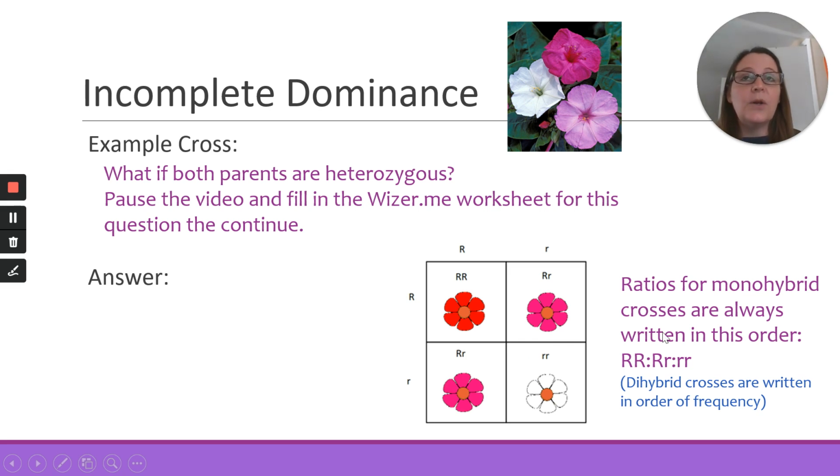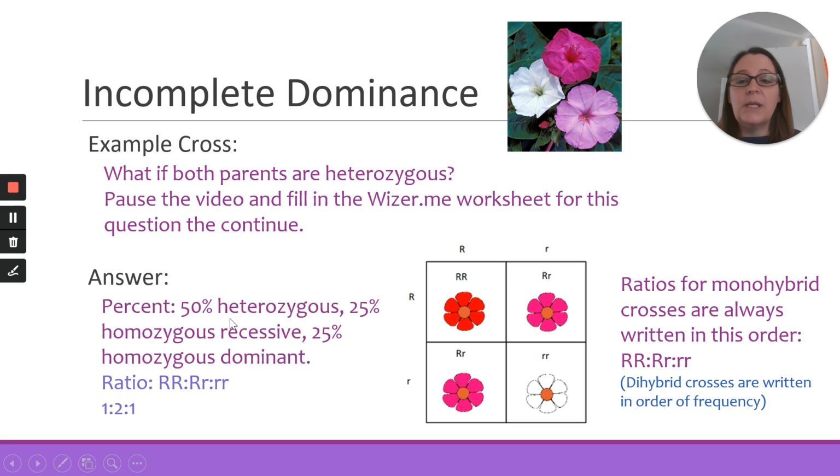When writing ratios for monohybrid crosses, you always write them with the homozygous dominant first and the homozygous recessive at the end. The heterozygous always goes in the middle. So knowing that, our answer would be 50% heterozygous, 25% homozygous recessive, 25% homozygous dominant. And our ratio, again, if we use this formula where the homozygous dominant is first, it's a 1-to-2-to-1 ratio.